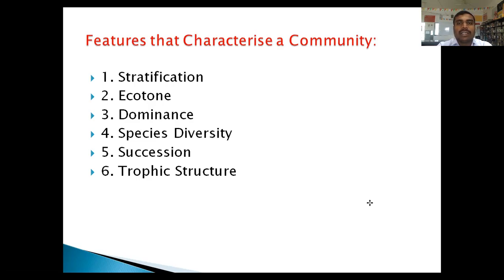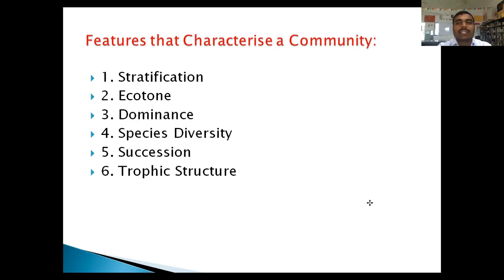Each community is made up of different types of organisms, plants, animals, microbes, etc., which differ taxonomically from each other. The number of species and population abundance in a community also vary greatly.